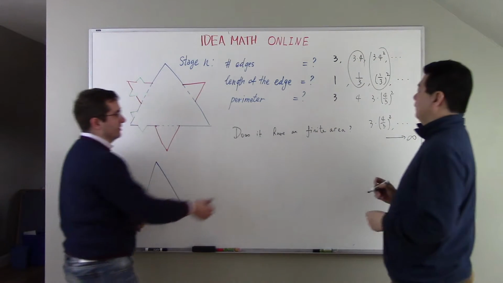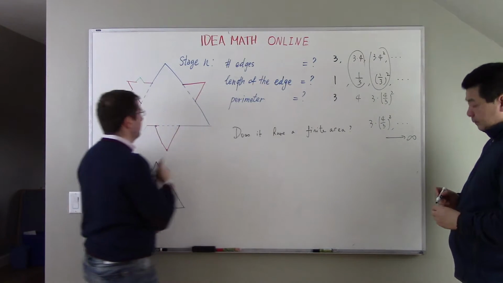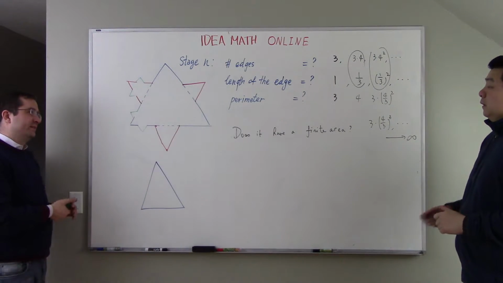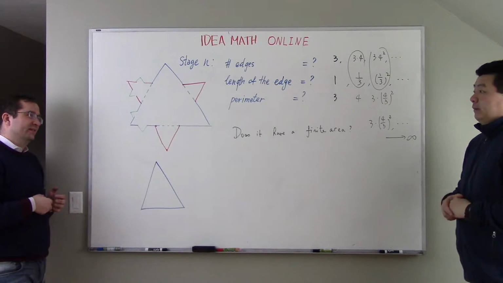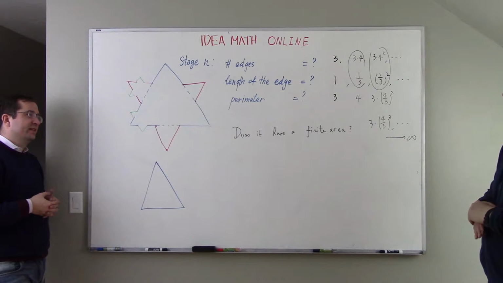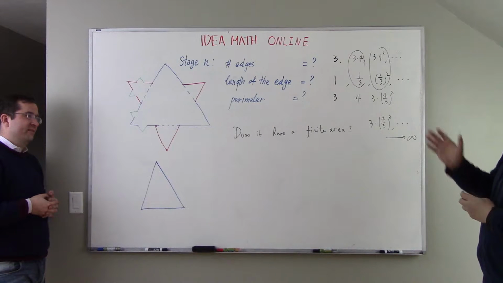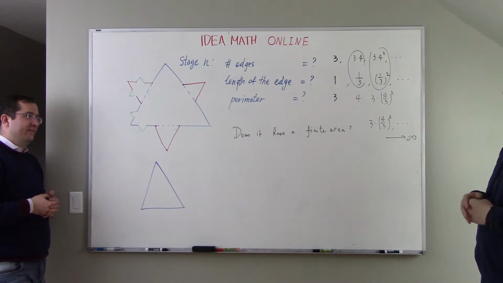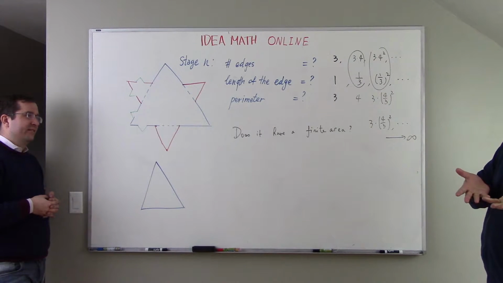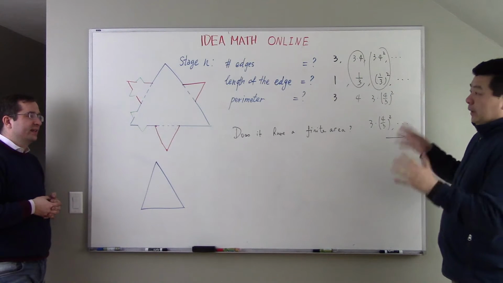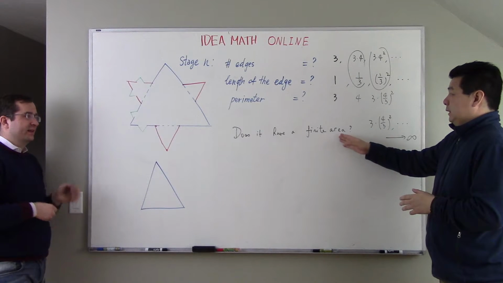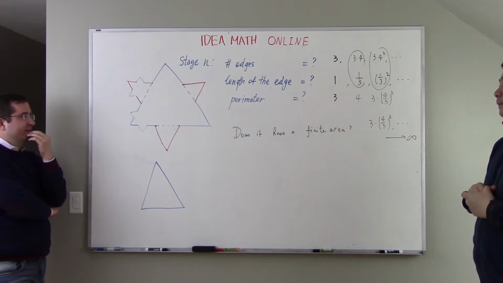What is the area of this figure? I'm not asking you for the actual area, I'm just asking, does it have a finite area first? To actually find the area, we can do a geometric series, that's what we learned from prior courses. But before we answer that, do you have a hunch? Does it have a finite area or not?